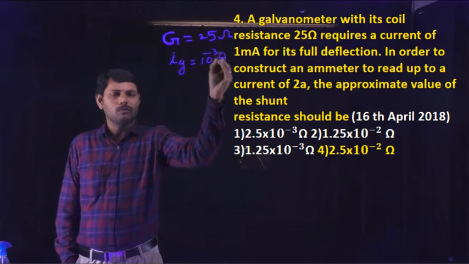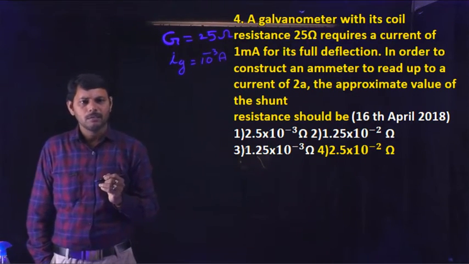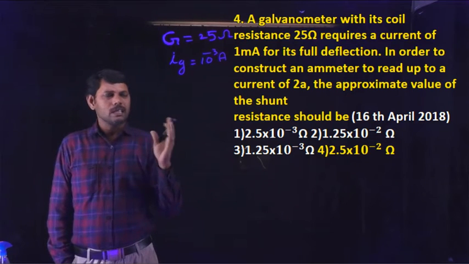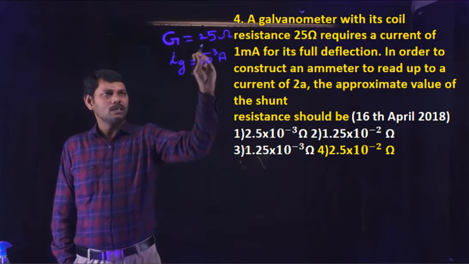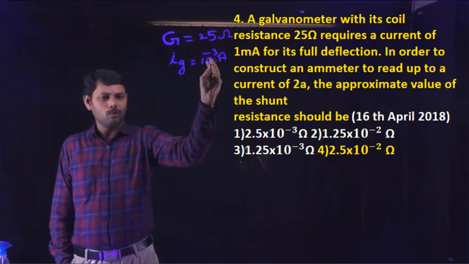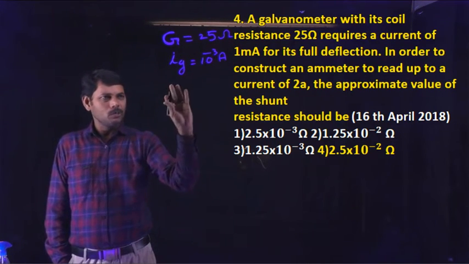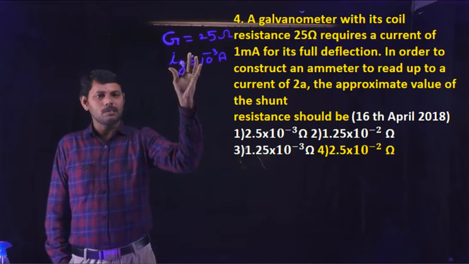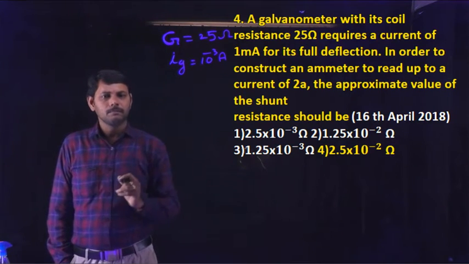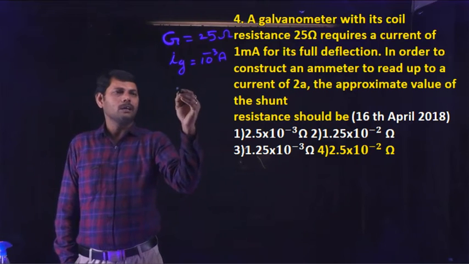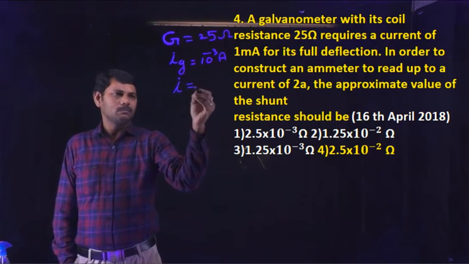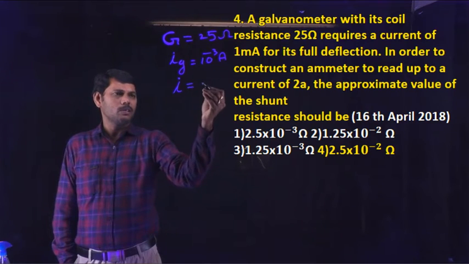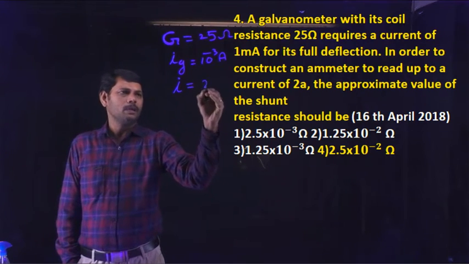In order to construct an ammeter with the help of this galvanometer, which has full scale deflection at maximum current 10 power minus 3 ampere, in order to convert this galvanometer to an ammeter to read up to a current of 2 amperes, we have to prepare an ammeter which measures a current of 2 amperes.